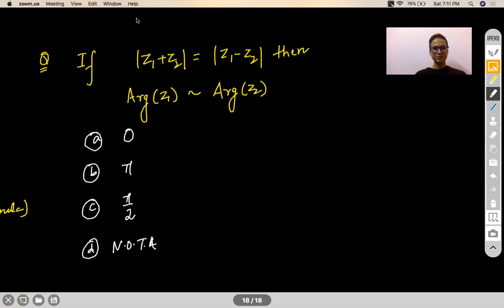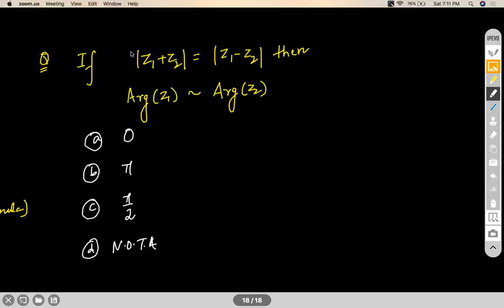Very good, Madhav. Nice. It's written here, Anurag. If mod Z1 plus Z2 is equal to mod Z1 minus Z2, then the difference of the argument of Z1 and Z2 can be which of the following?